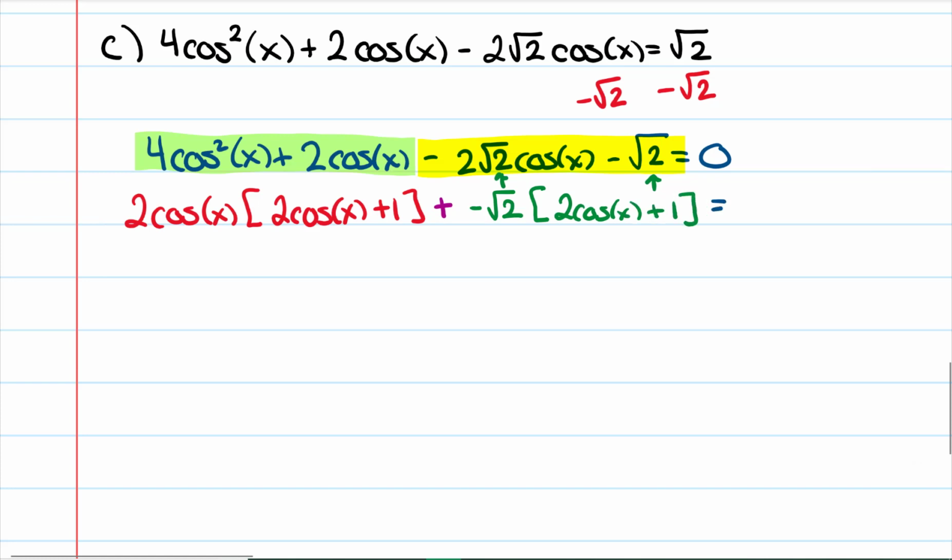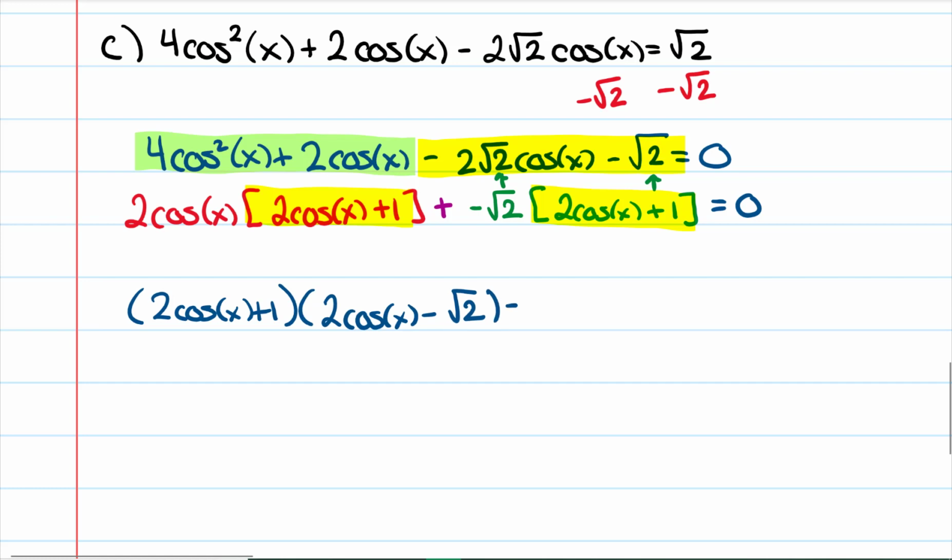And that whole thing equals 0. So now if we look at this, they both have a 2 cosine x plus 1 in common. So I'm going to go ahead and factor that out. And I get 2 cosine of x plus 1 times 2 cosine of x minus radical 2. It might be helpful to go practice a refresher on factor by grouping if you're a little confused about this.